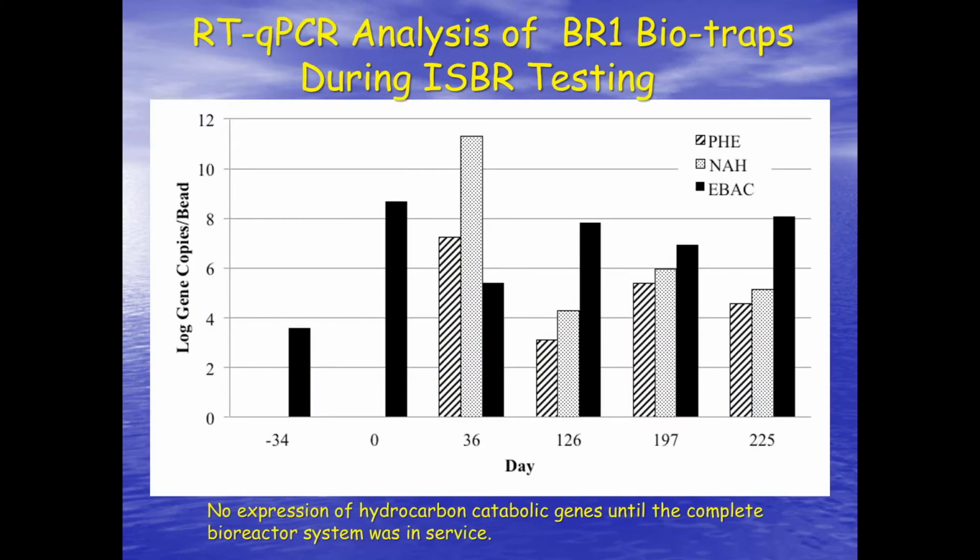So I'd like to show you some results here. Again, these are results that come from the biotraps. These particular results are from the biotraps that are actually in the bioreactor well. And what we're looking at here are qPCR results, the analysis that Dora was telling you about a few minutes ago. And specifically, we're looking at RNA.